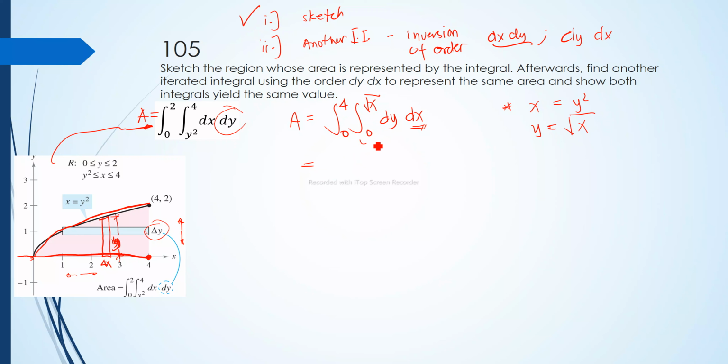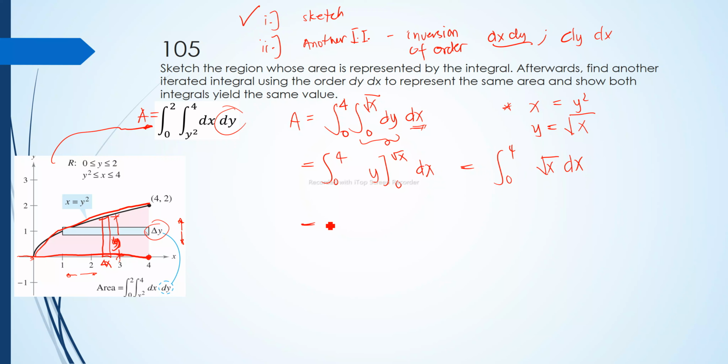Again, you just integrate the inside first. We have y to be evaluated from 0 to square root of x, dx, evaluated from 0 to 4. Then we have the integral of square root of x dx from 0 to 4.